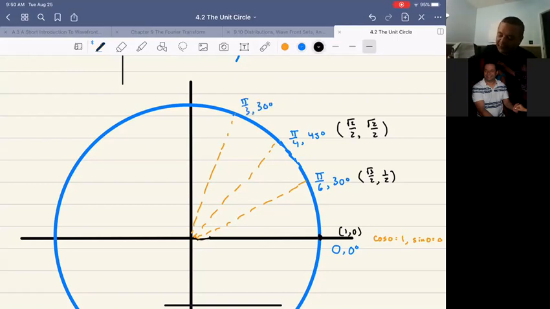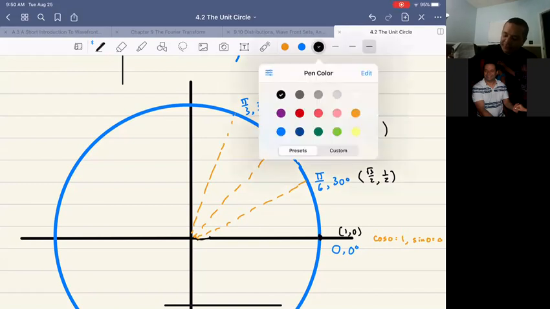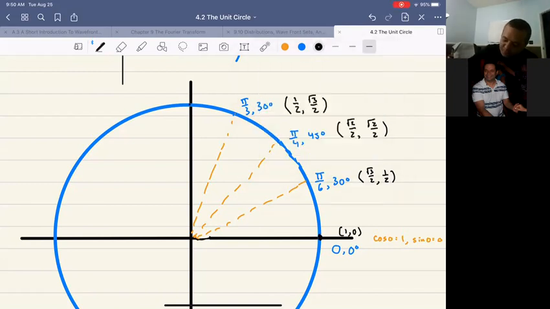And the point is actually, you switch around. So it's going to be 1/2, square root of 3 over 2. And then up here, this angle is pi over 2, 90 degrees, and the point is going to be 0, 1.